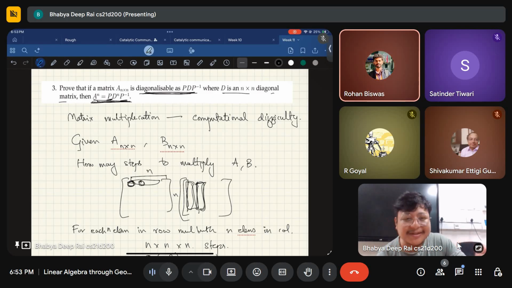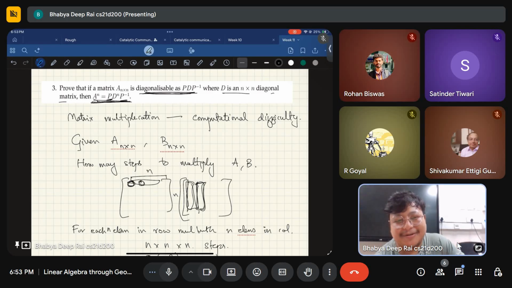That's nice. And the fact of the matter is powering is still a very important application.